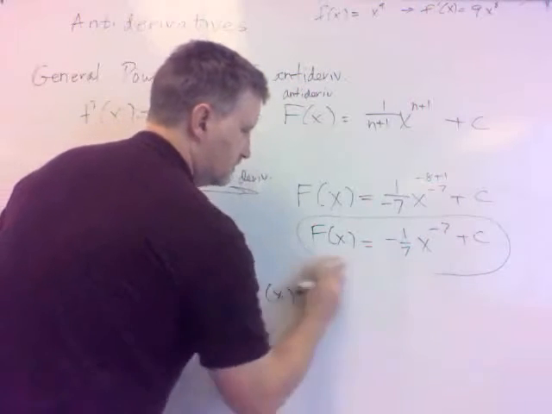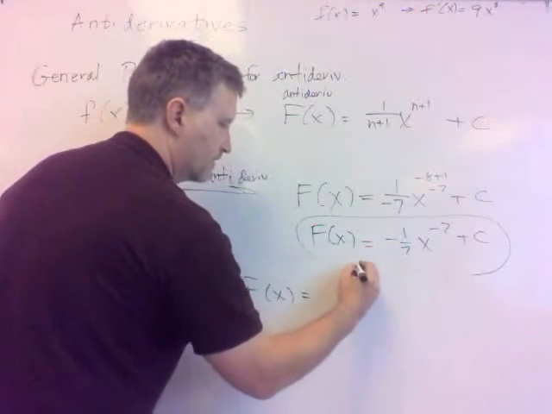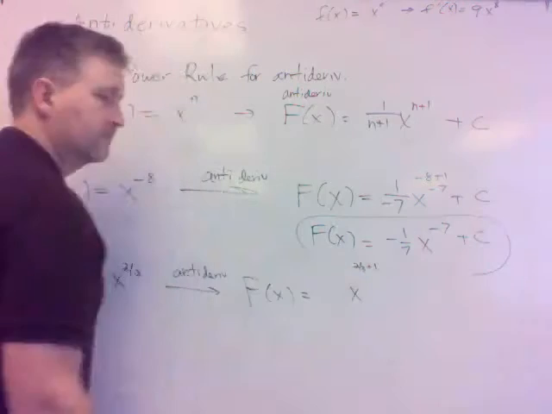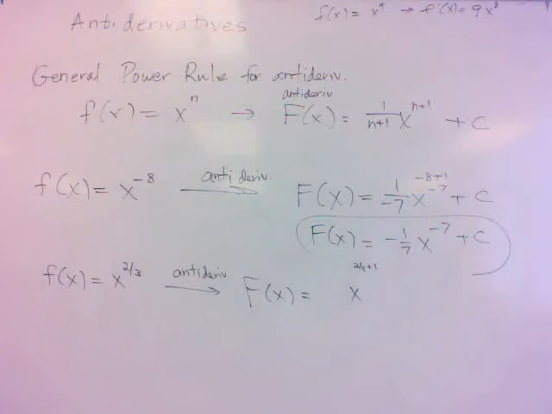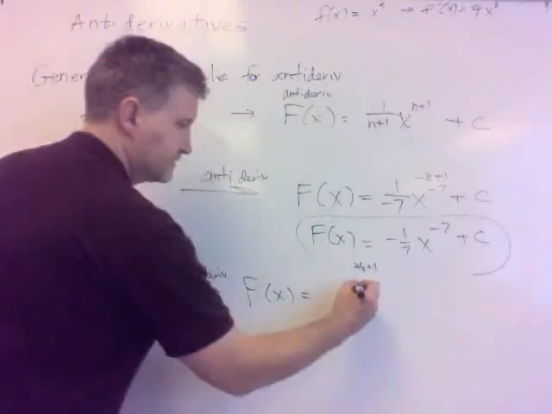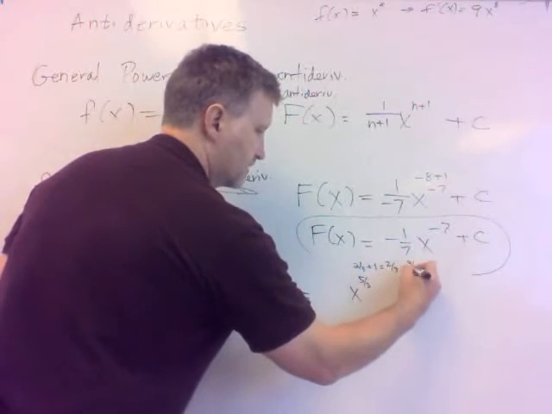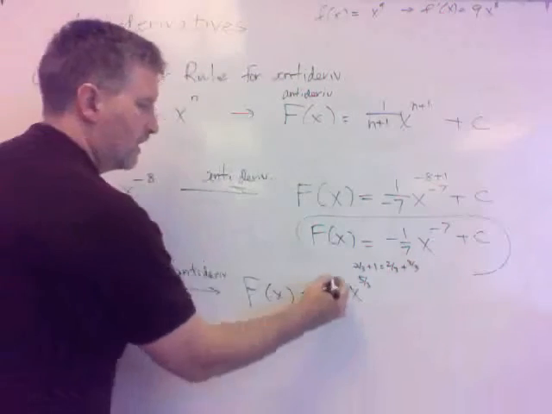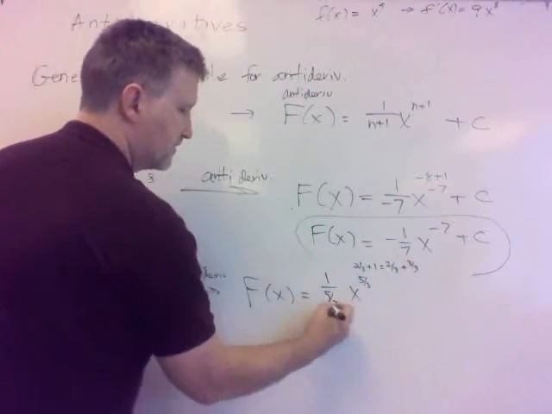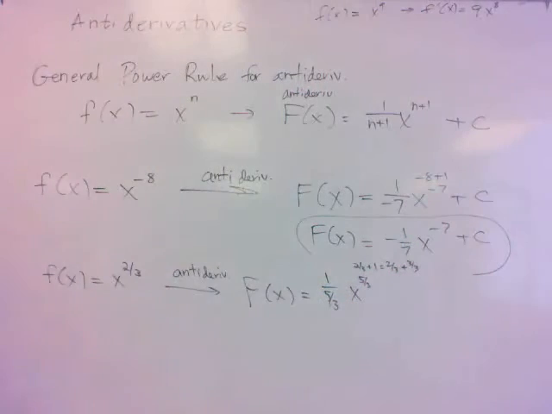First of all, what's the power? Well, it's 2/3 plus 1, right? What is 2/3 plus 1? 1 is 3/3. It'll be 5/3. 2/3 plus 3/3, that's 5/3, okay? Well, I do 1 over 5/3. Like I said, I'll do it this one time this way, plus c.